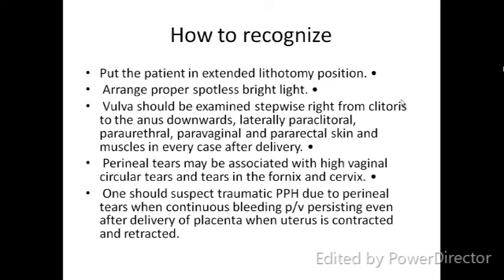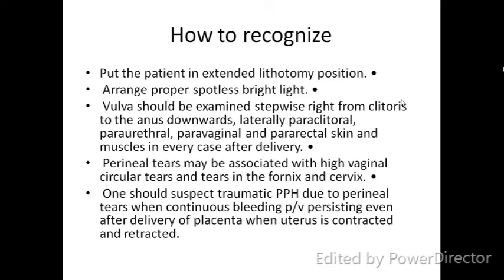When the uterus is contracted and retracted, you suspect that the cause is actually a cervical tear. A perineal tear you can see visibly, but in case of cervical tear, when there is PPH with excessive bleeding and the uterus is completely contracted and retracted, then you think about traumatic PPH.